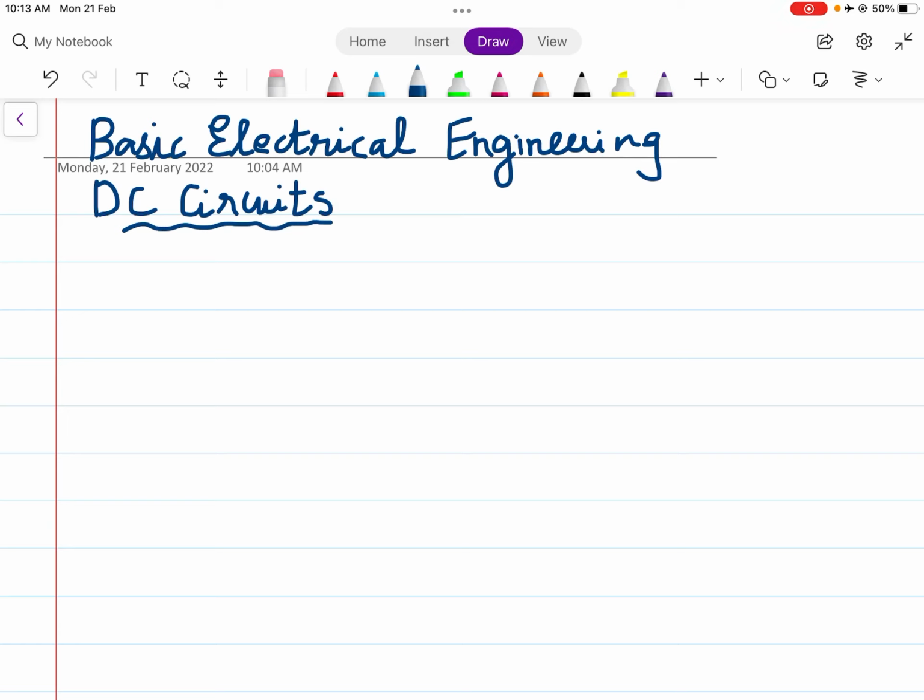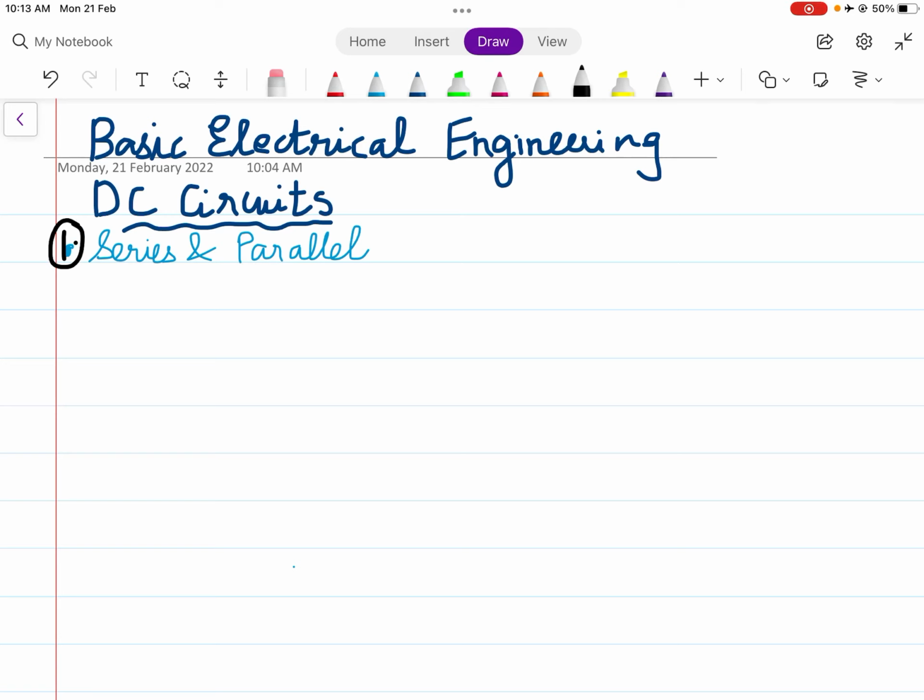Under DC circuits, the first part is series and parallel. So the first subtopic is series and parallel.